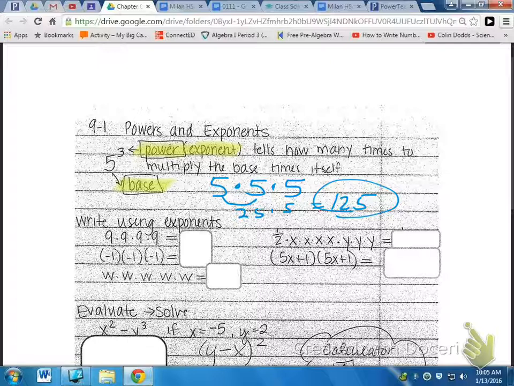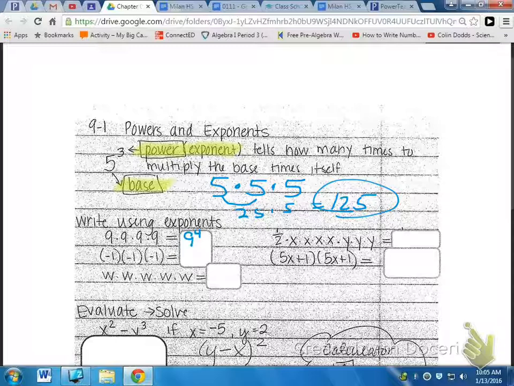So if you would see 9 times 9 times 9 times 9, what would we write using an exponent? Haley? 9 to the 4th. Okay, -1 times -1 times -1.